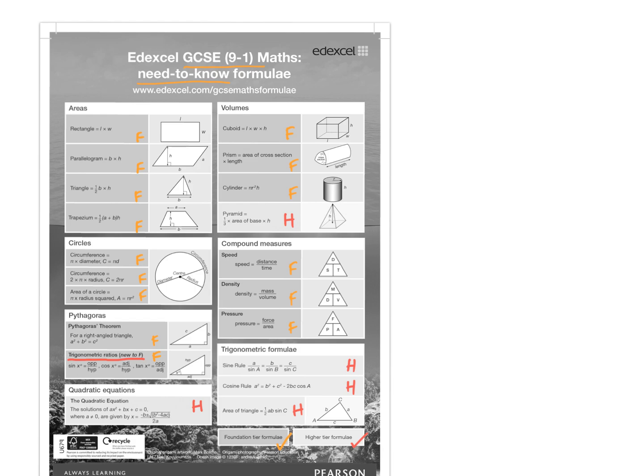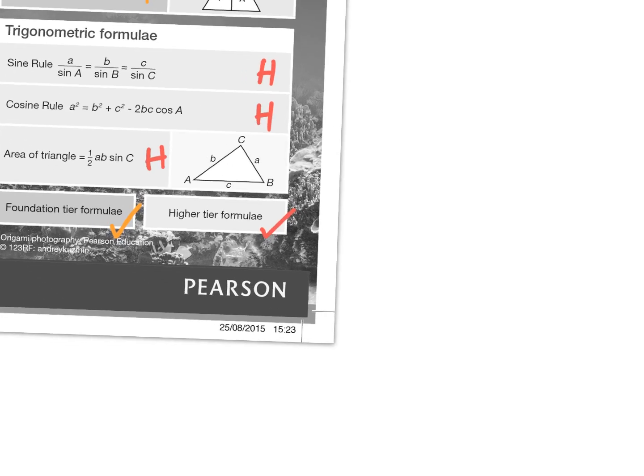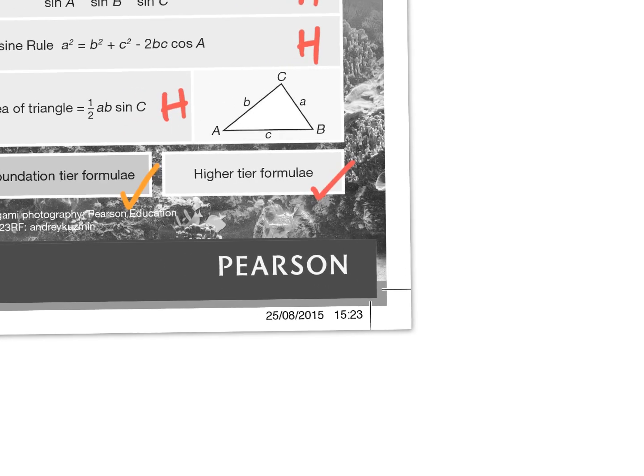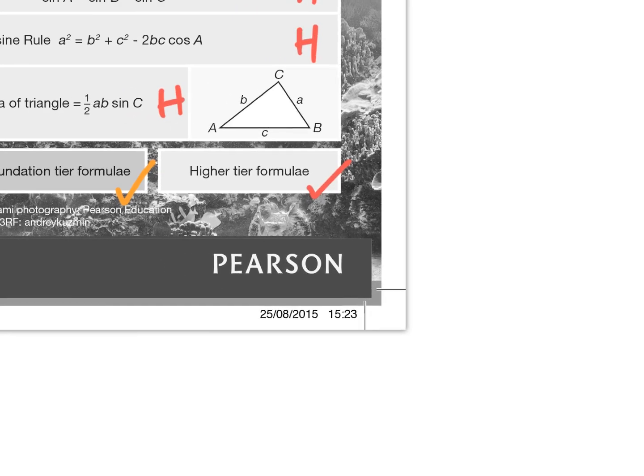Well, the first one I'm going to look at is the area of a triangle formula. Now, if you were looking at the foundation paper, and you saw a triangle like so, which was right angled, and we call this C, A and B, very similar to how this one's labelled here, then the area of this triangle, as you would all know, would be half times the base, which is A, times the perpendicular height, i.e. the height at right angles to the base.